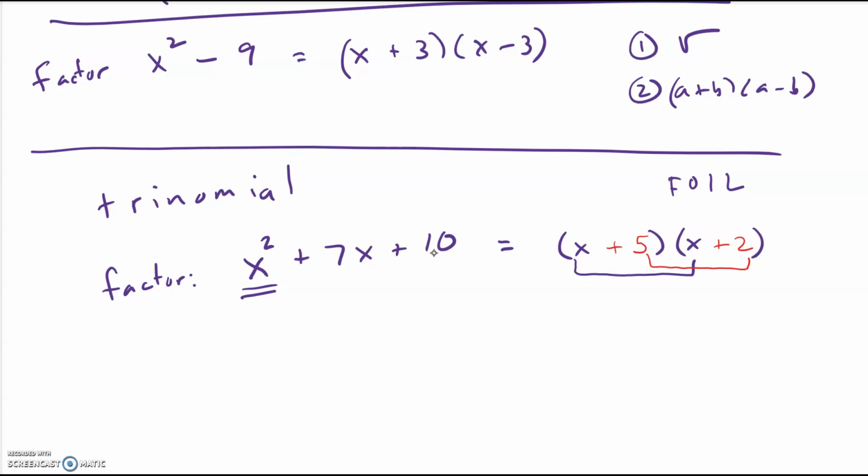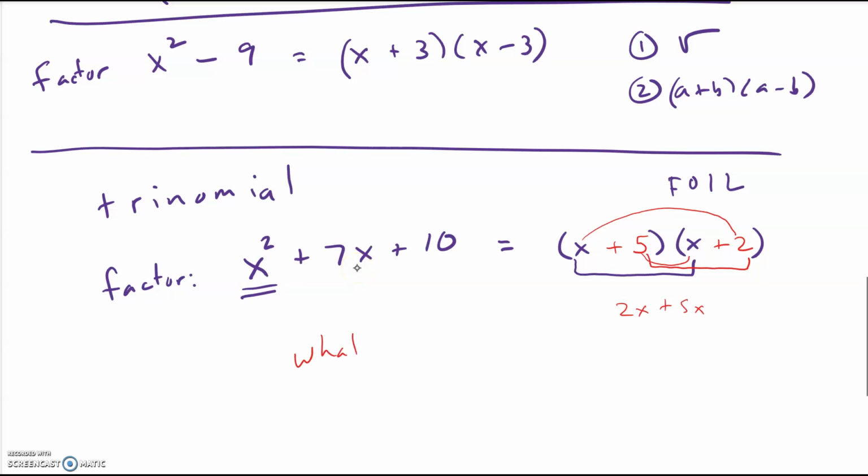Now we're not done yet, because when you multiply binomials, there's the O and the I. So when you multiply the outside two and the inside two, those would be x times 2 is 2x, and then x times 5 is 5x. So you need to come up with two numbers that not only multiply to the 10, they have to add to that middle term, add to 7. So let's write that out.